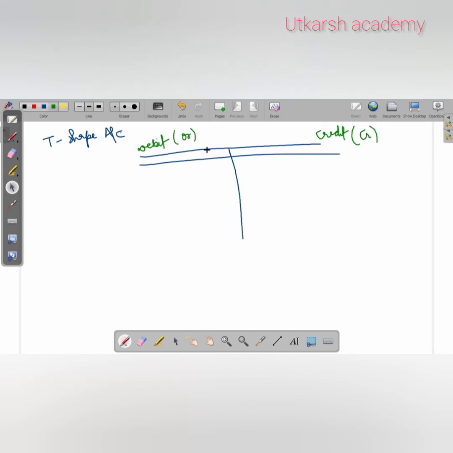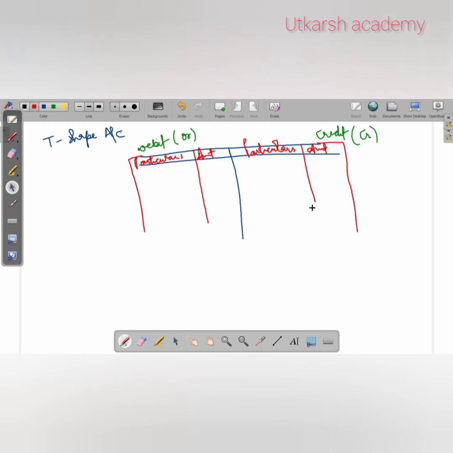Now we will draw the performer, that is particulars, amount, particulars, amount. Fine. So this is the T-shaped account.